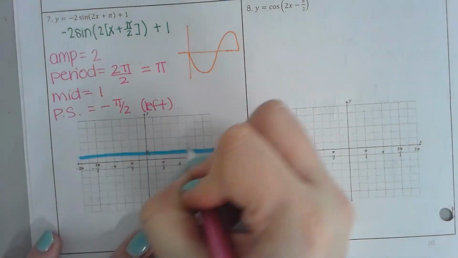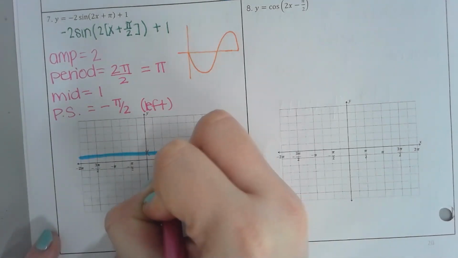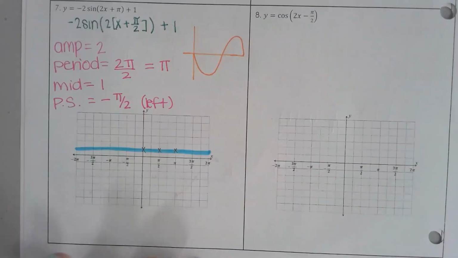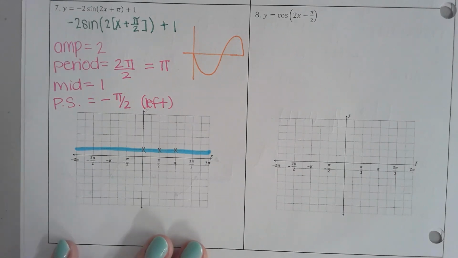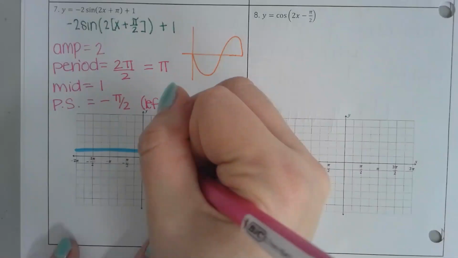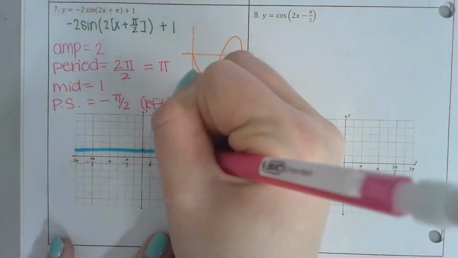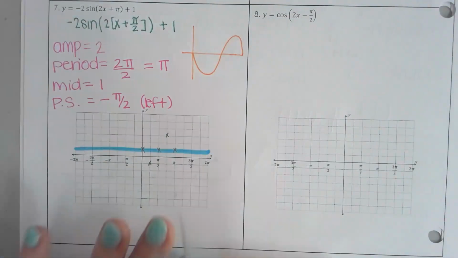So start, end, halfway on midline. And this time I'm going to go down 2 first and then up 2.